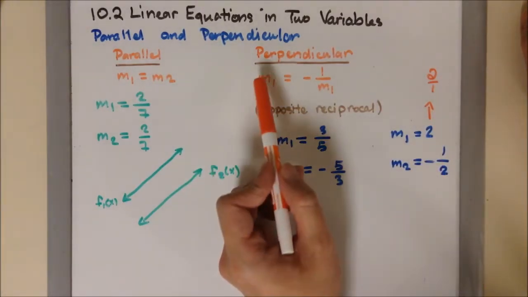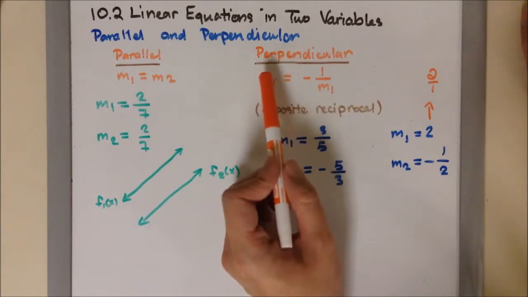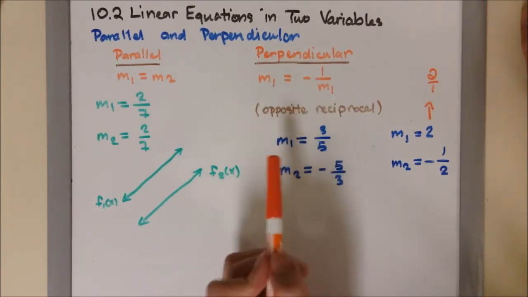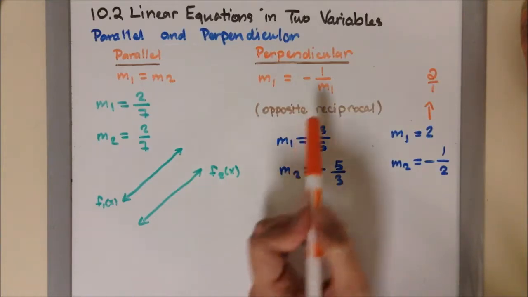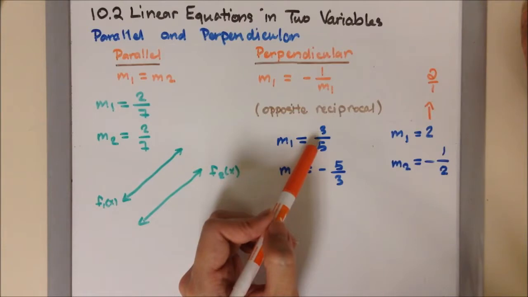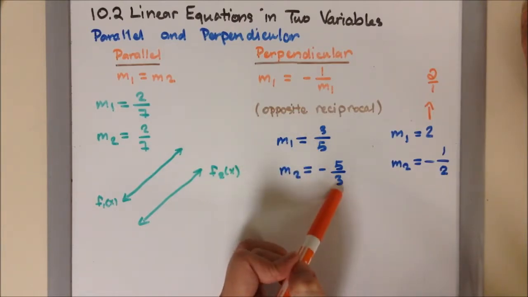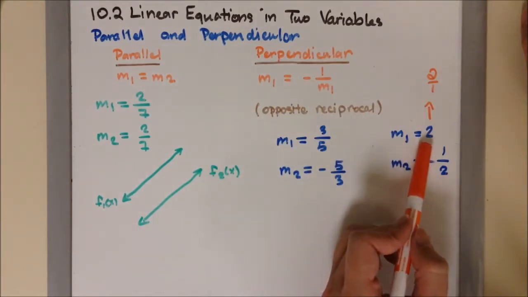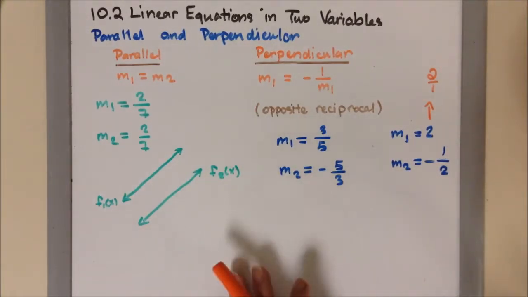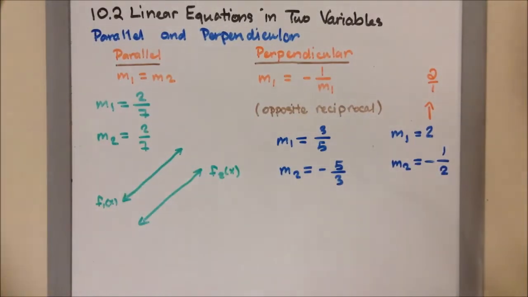So again, to find a perpendicular slope, or determine if two slopes are perpendicular, you check whether they are opposite to each other, one positive and one negative, and reciprocal to each other. Here, 3 over 5 and reciprocal 5 over 3. Over here, 2 and 1 over 2. Now, to determine that they are actually reciprocal, you just multiply the two slopes together.